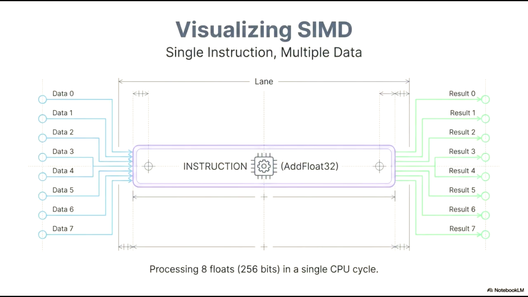This operation generates 8 distinct outputs, result 0 through result 7, in parallel. By processing 256 bits of information within a single CPU cycle, SIMD significantly enhances performance and efficiency for data-intensive workloads such as signal processing, multimedia encoding, and large-scale mathematical computations.